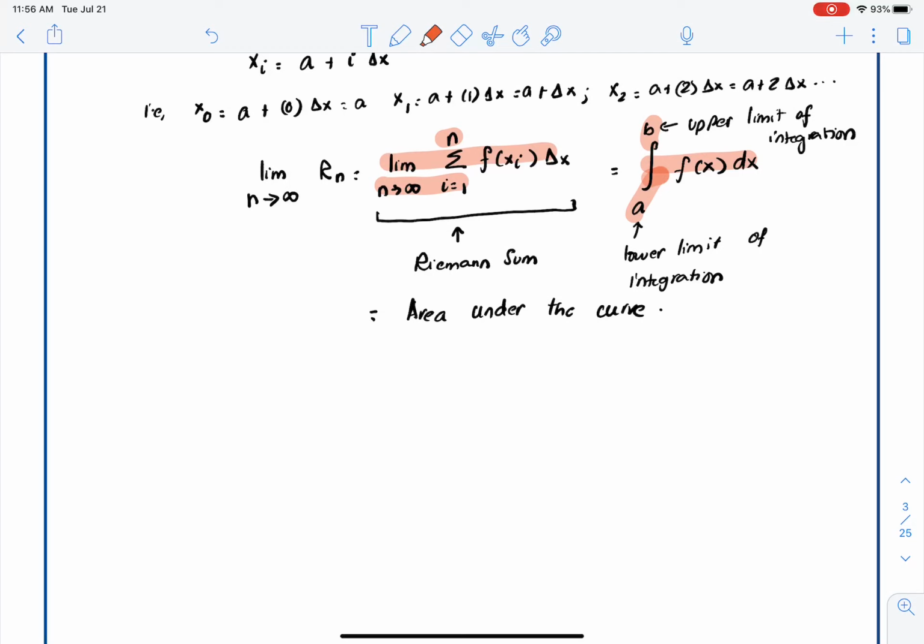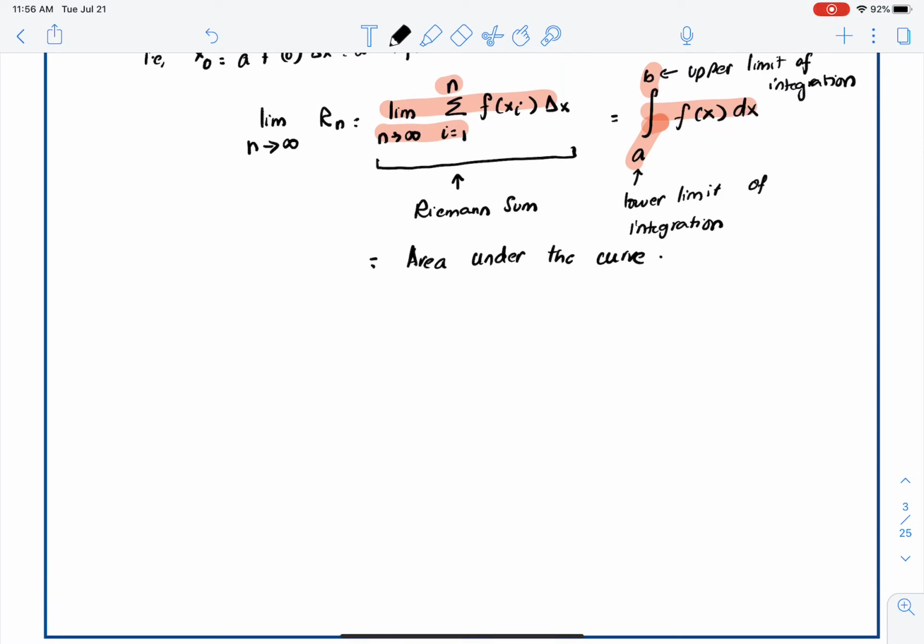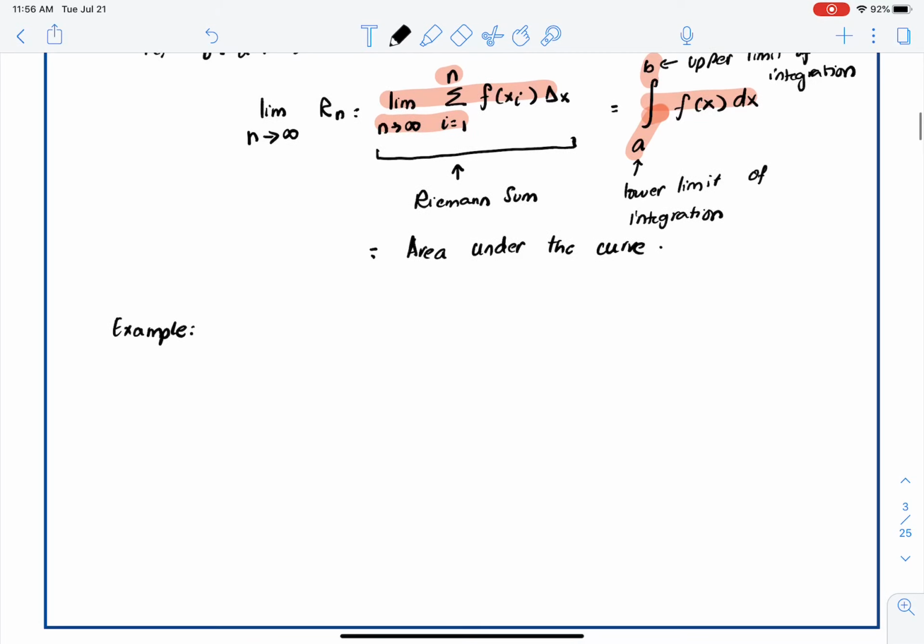So we need to have an easier way, and if you look in advanced calculus books, your book might have it. We have a table of integrals for many functions that we know. A key thing, let me show an example on how to write a function in terms of the Riemann notation.